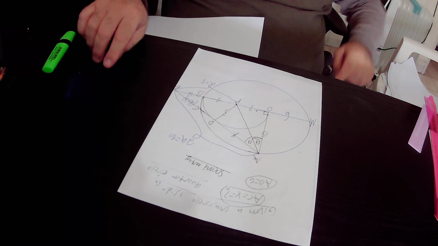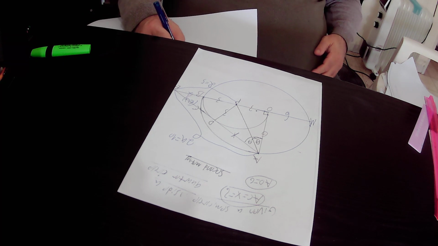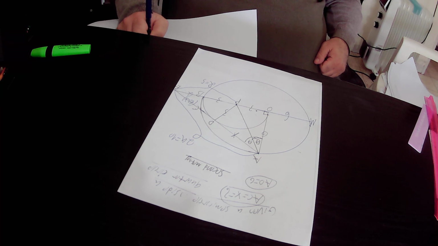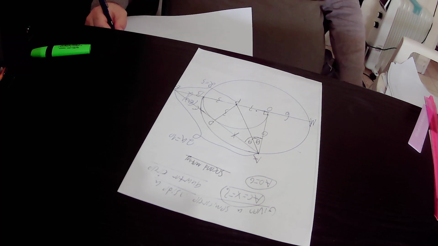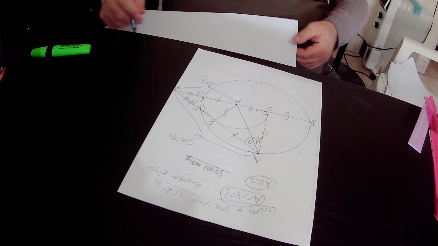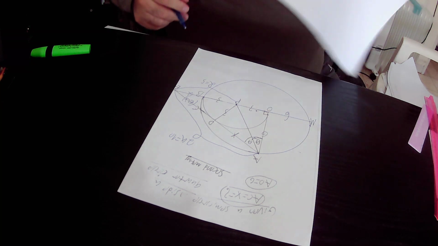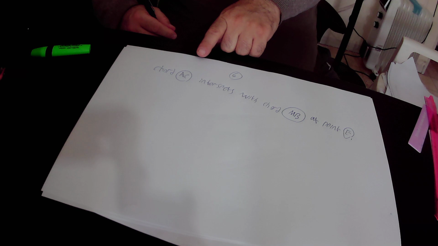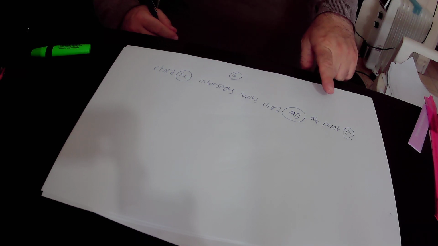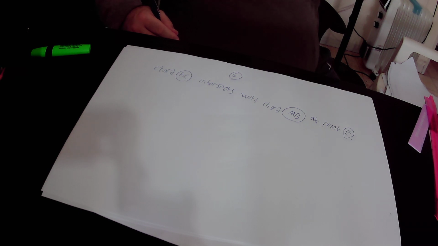I repeat again: in our drawing, chord AC intersects with chord MB at point E, the intersection point of chord AC with chord MB.